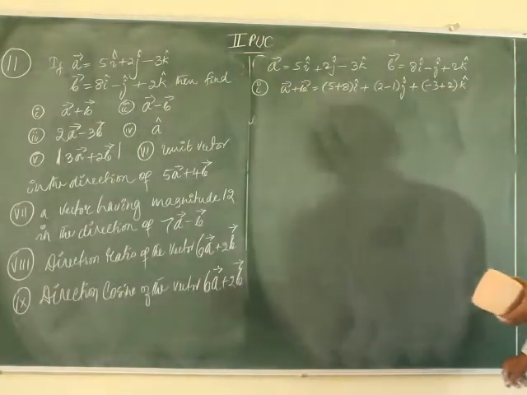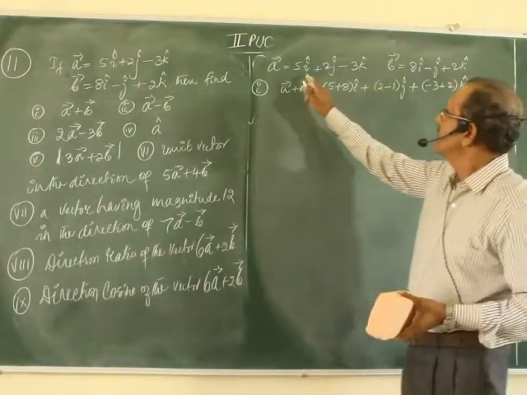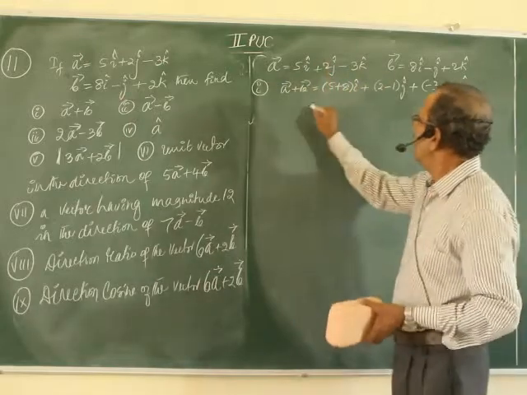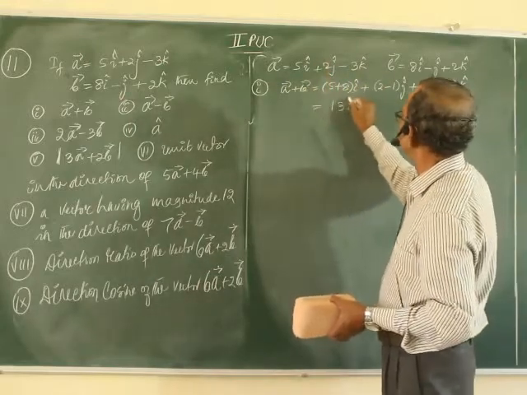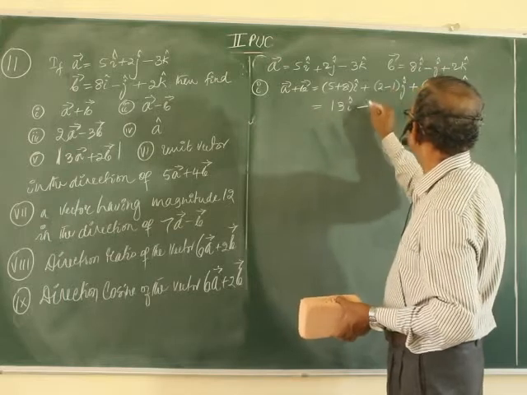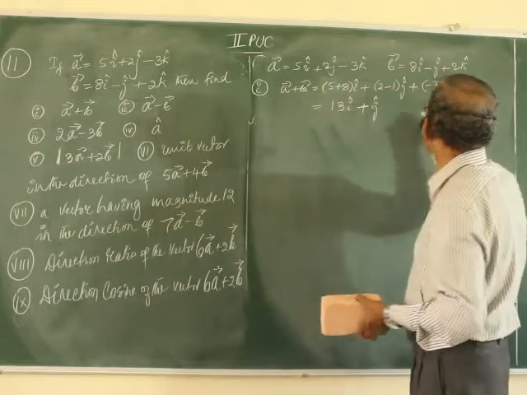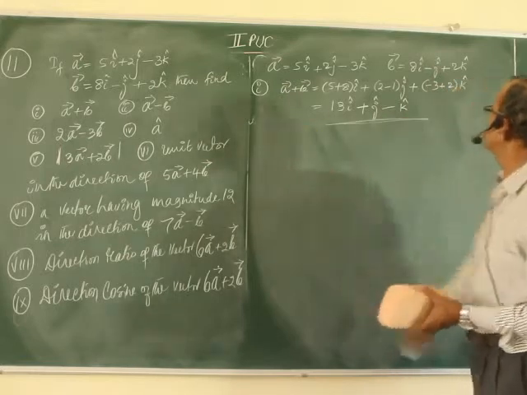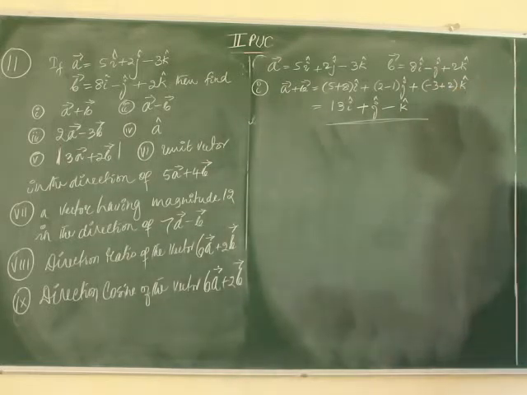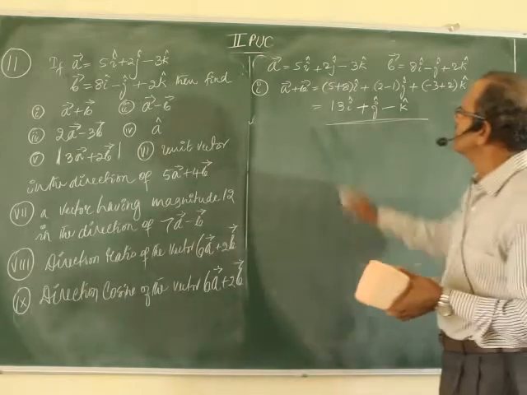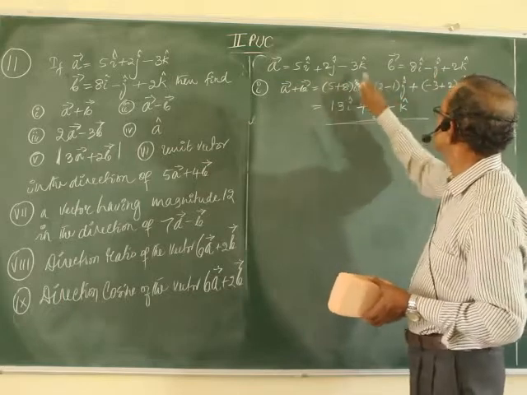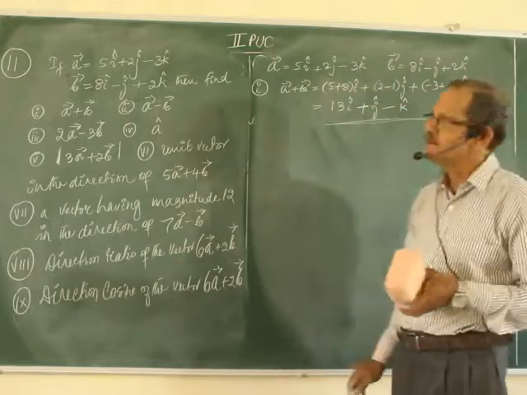This is the first one, addition of vectors. Just add the coefficients of i, j, k. Answer is 13i plus j minus k. Clear, no? 5 plus 8, 2 minus 1, minus 3 plus 2.